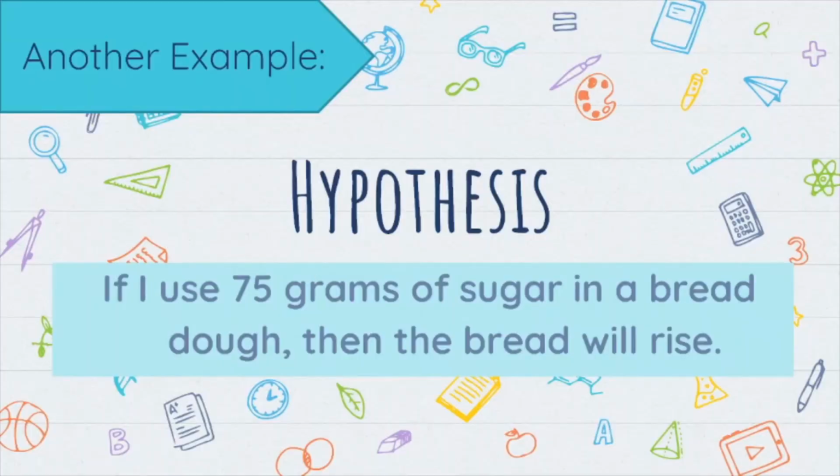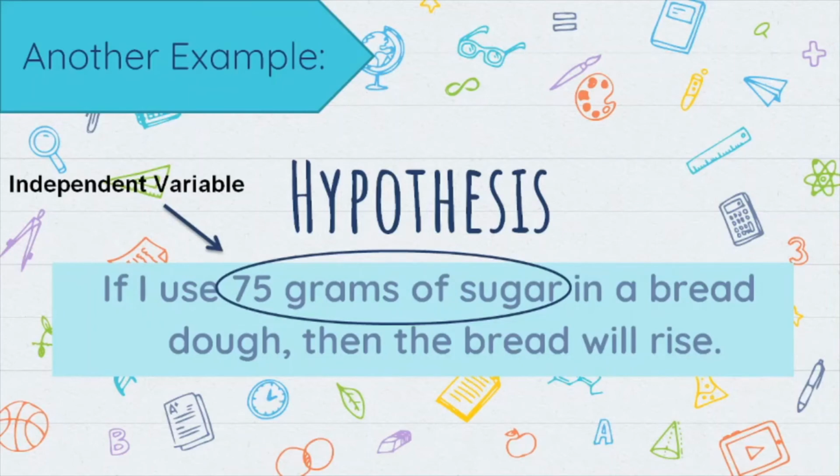Another example, if I use 75 grams of sugar in a bread dough, then the bread will rise. So which one is the independent variable and which one is the dependent variable in this hypothesis? Okay, so our independent variable is 75 grams of sugar because we are going to manipulate or change the amount of sugar.